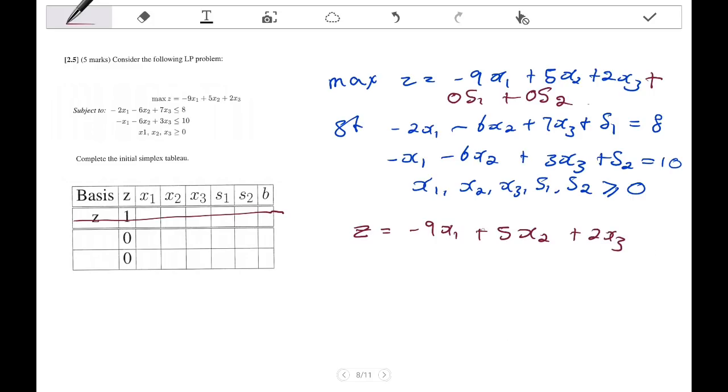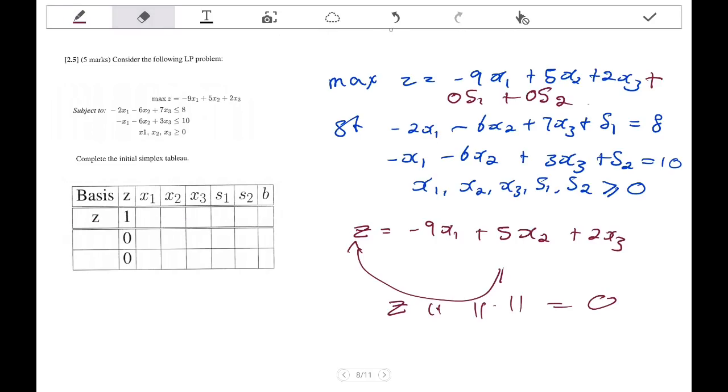So to get the value of b, just take everything on the right hand side to the left hand side. So if you take this to the left hand side, minus 9 is going to be positive 9. This is going to be negative, that's going to be negative. So that you can get z minus something is equal to 0. So this value here, the b, is going to be 0.